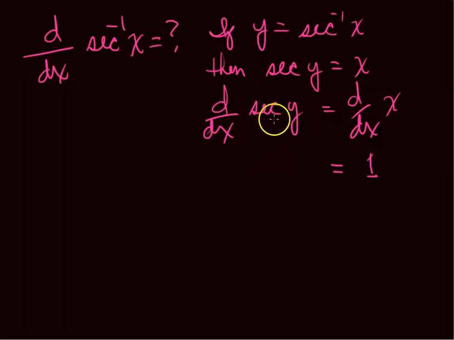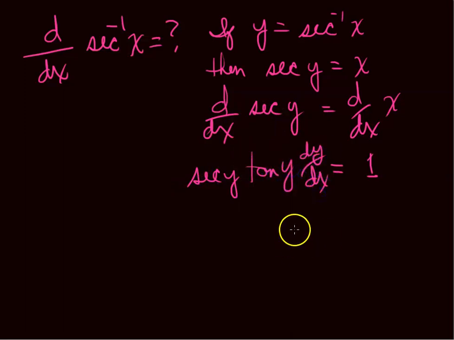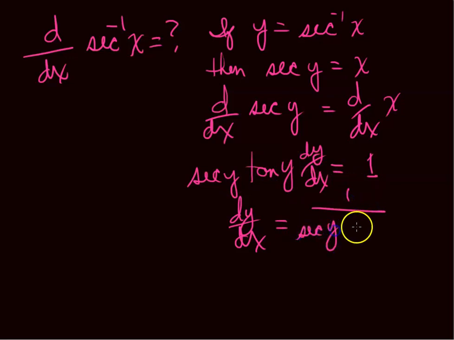On the left side we get the derivative of secant, which is secant y tangent y dy dx. So dy dx is equal to 1 divided by the secant of y, the tangent of y.